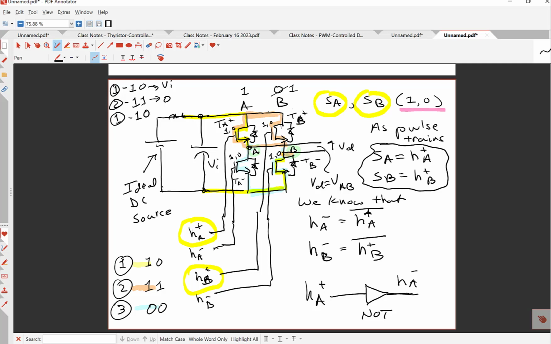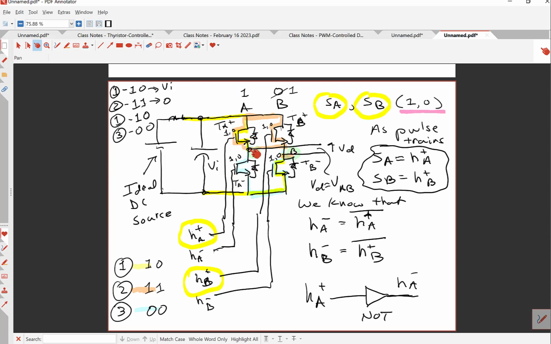The upper device was off, we turned the upper device on, now we're going to turn the upper device off again. And then in the third state, we're going to go to a 0, 0, which means we're not going to change the state of the B switches. We're going to change the state of the A switches. We're going to turn the upper A device off and the lower one on.